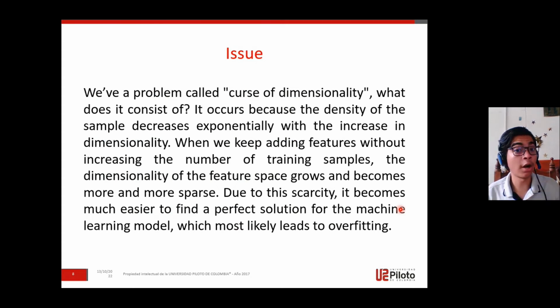Well, we have a problem called the curse of dimensionality. It occurs because the density of the sample decreases exponentially with the increase in dimensionality. When we keep adding features without increasing the number of training samples, the dimensionality of the feature space grows and becomes more and more sparse.